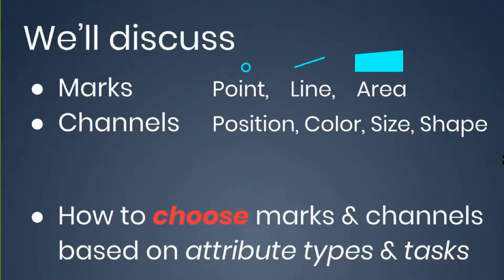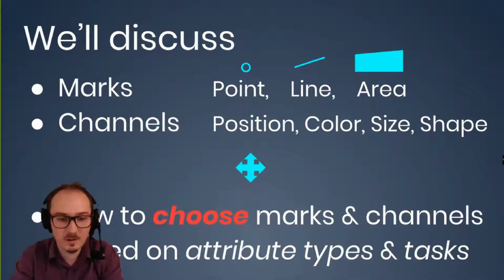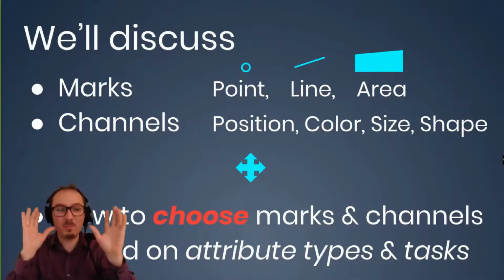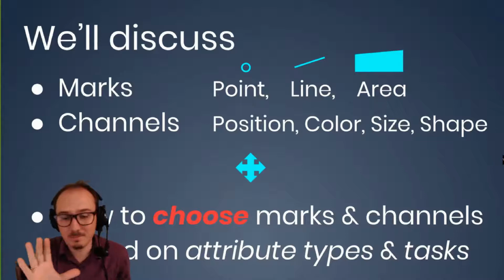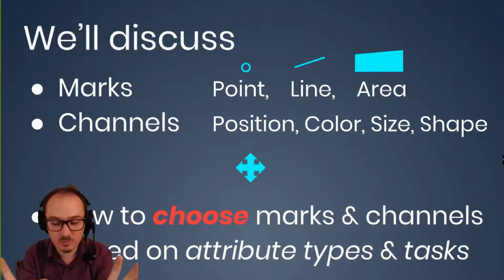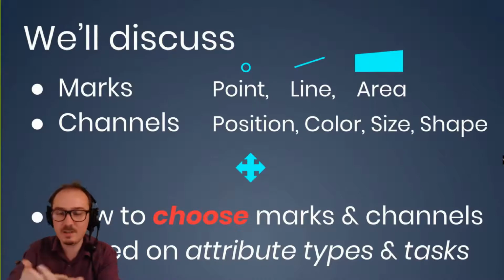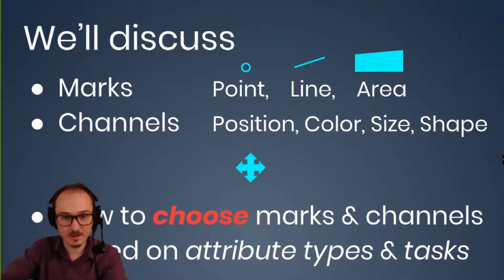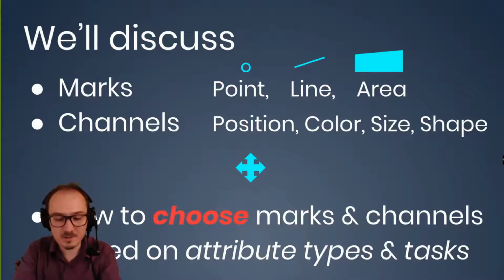And then channels are modifiers on the marks. So for example, position: X and Y position, X position being from left to right, and Y position being from top to bottom. Position is the most powerful channel because where things are on the screen is what you perceive first. It precedes all other perceptions. And so that's position as a channel.